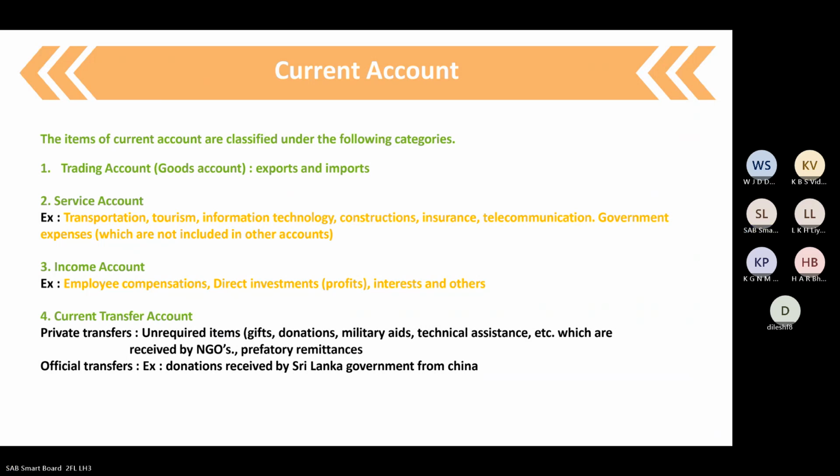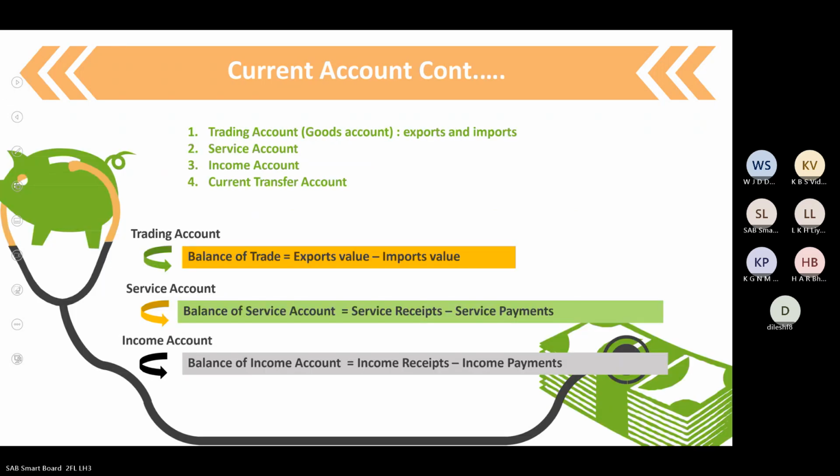Current account, put 4 arrows: trade account, service account, income account, and current transfer. And this is how the balance was created.